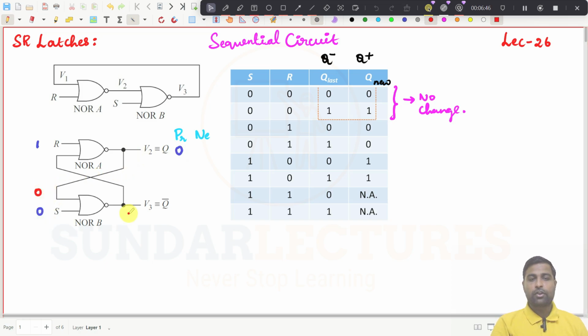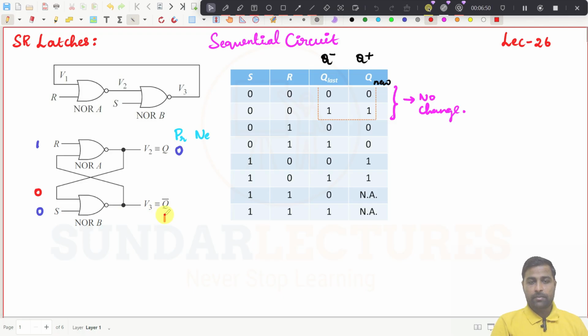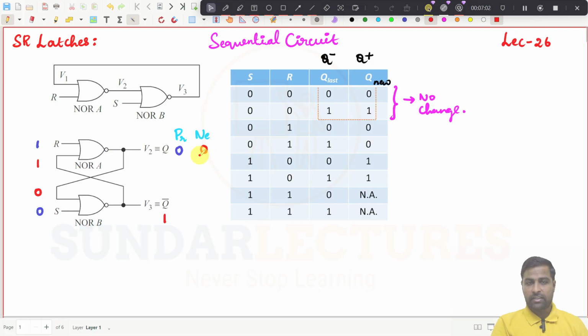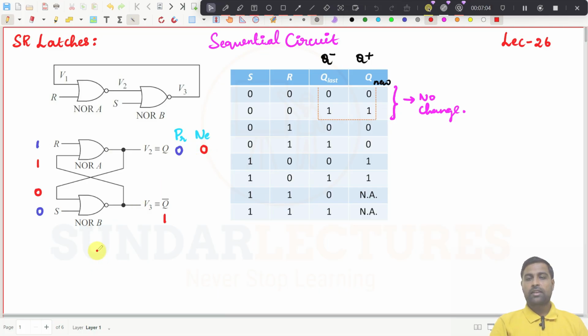So if it is 0 0, what happens to this output? This will become now 1. So this one will go here, and if this is 1 1, what should be the output? 1 1 is a NOR gate, output is 1, so this will be again 0. But can you understand? So that is the condition here. So if S is equal to 0, R is equal to 0, the present state is 0, the next state will be also 0. The condition, right?